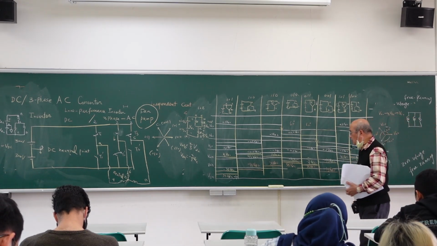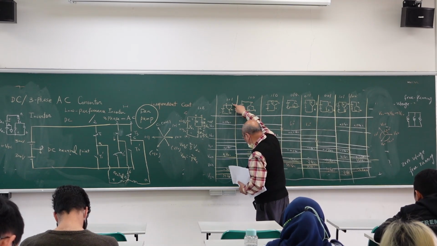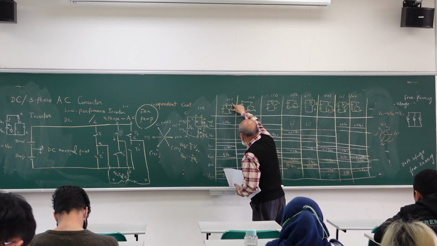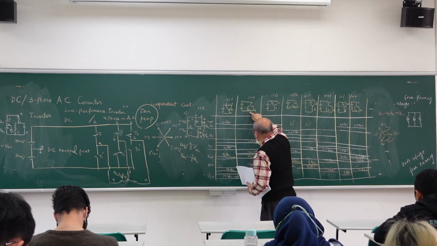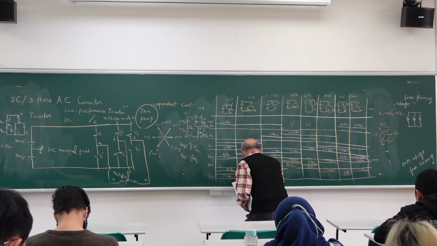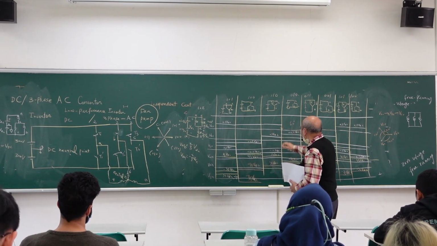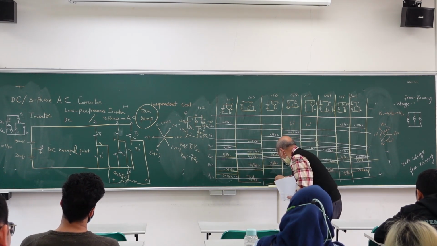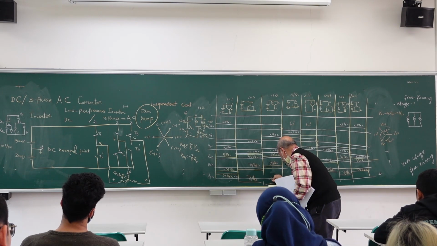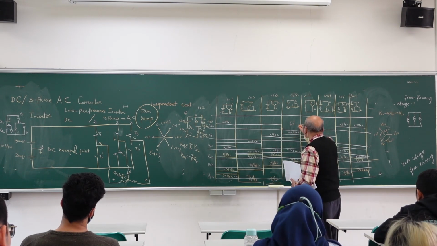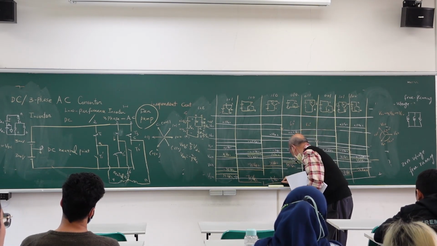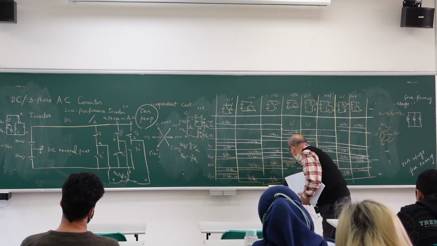How about VCN? This one, 1/3. This one, minus 1/3. And this one, minus 2/3. And this one, minus 1/3.